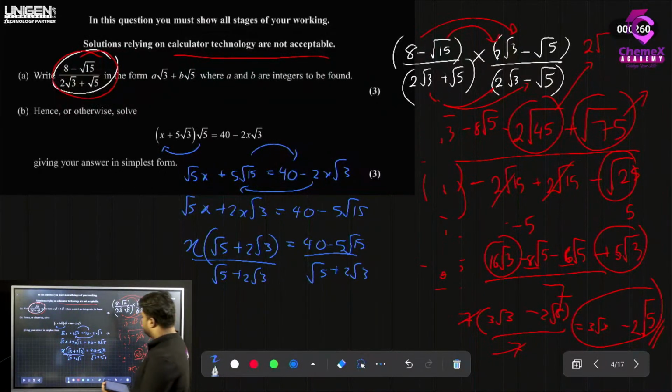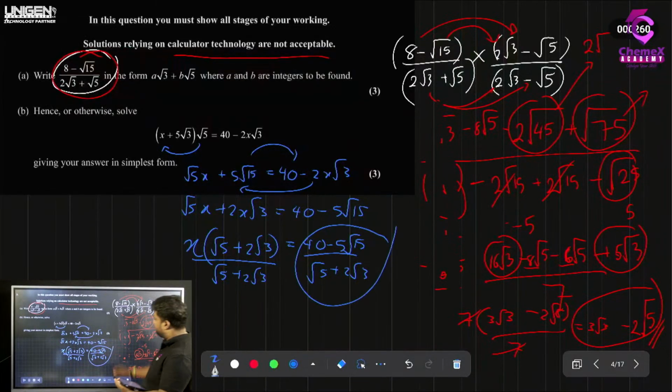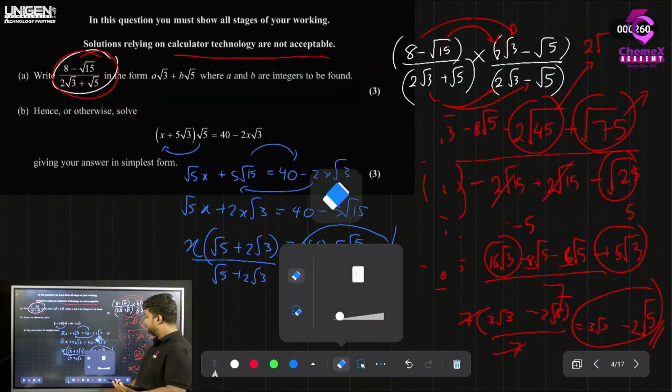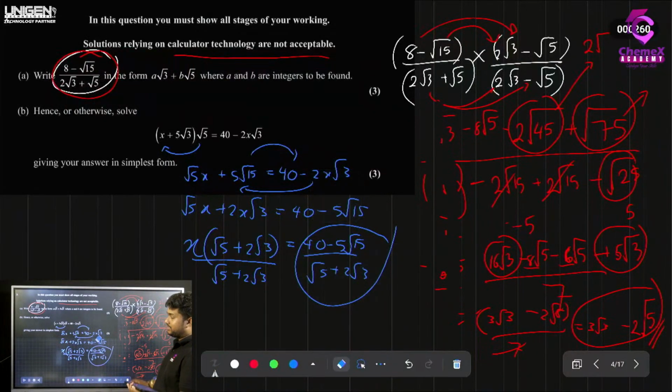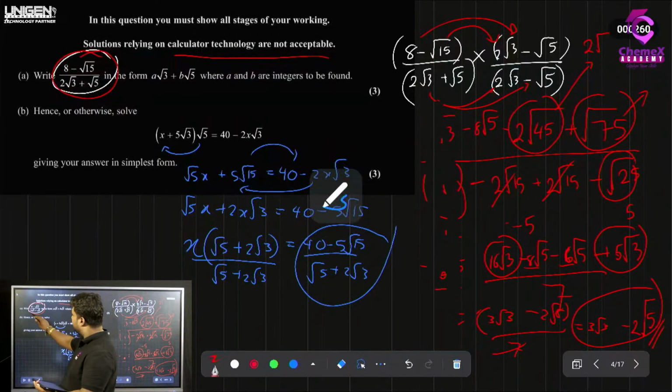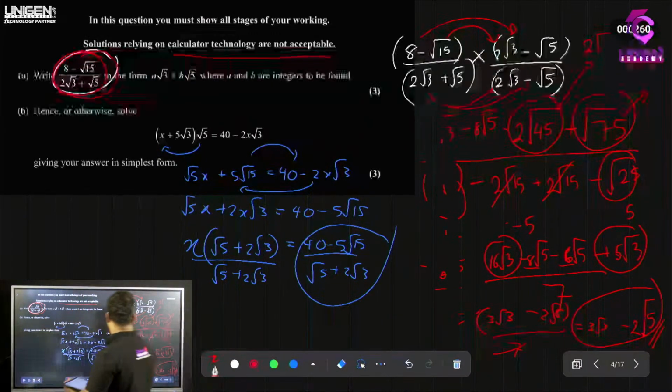Okay. So what can you do afterwards? You can rationalize that, right? So when you rationalize, what do you get? Can you see this one was 8 minus root 15.